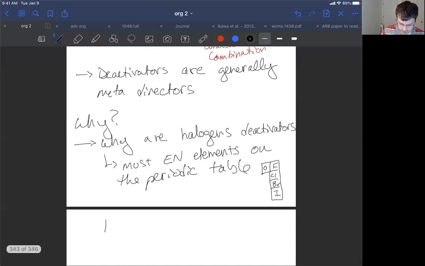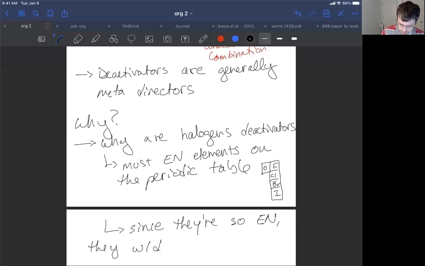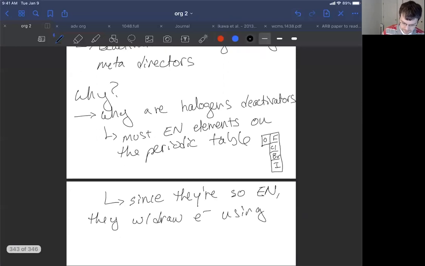Okay, so if they're more electronegative, they withdraw electron density by way of inductive effects.